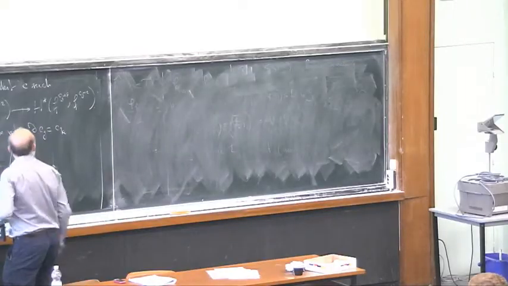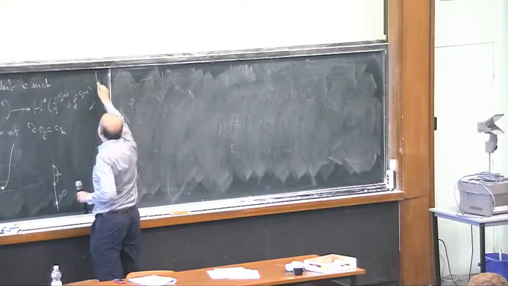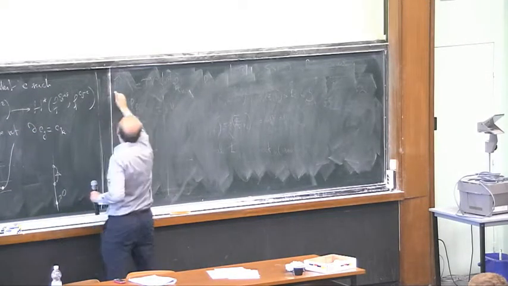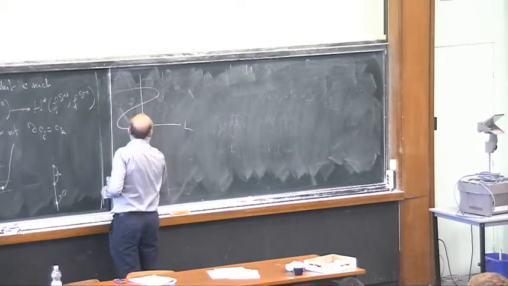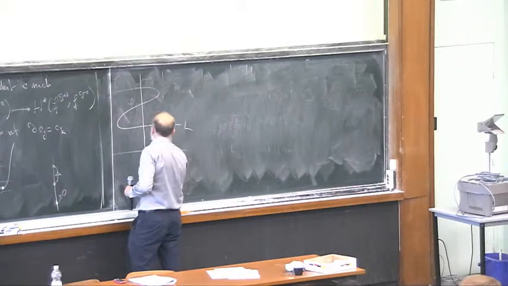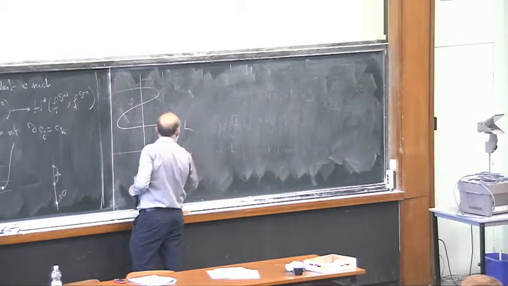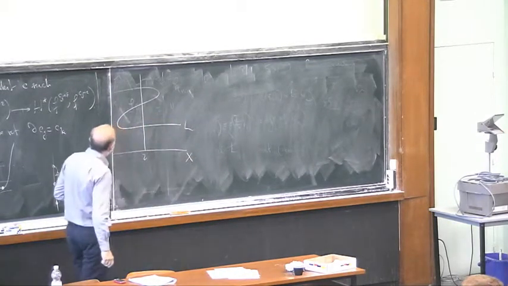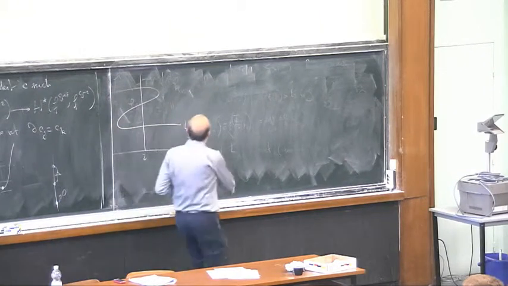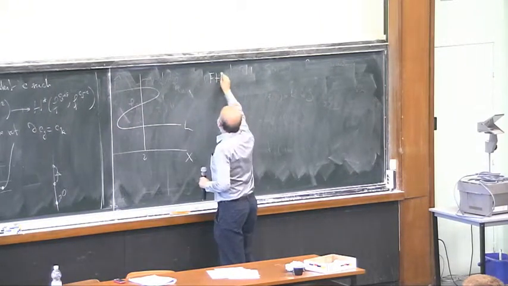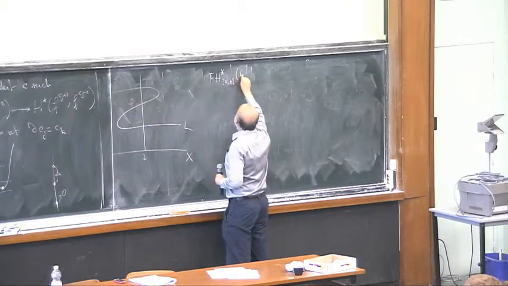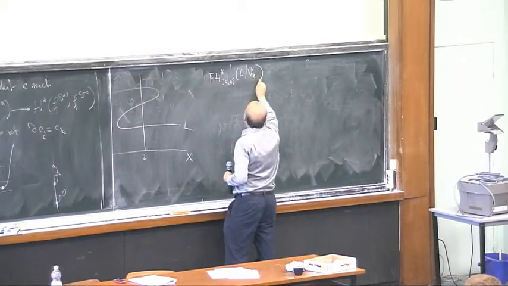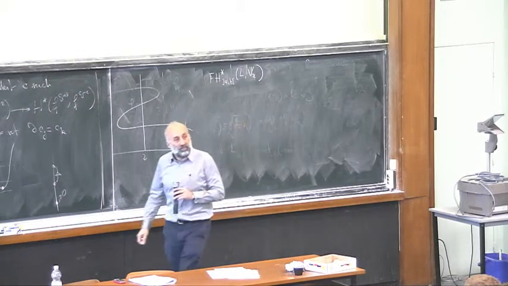So what's the idea again? I have this L here. And so I have this Floer cohomology between A and B of L and Vx.